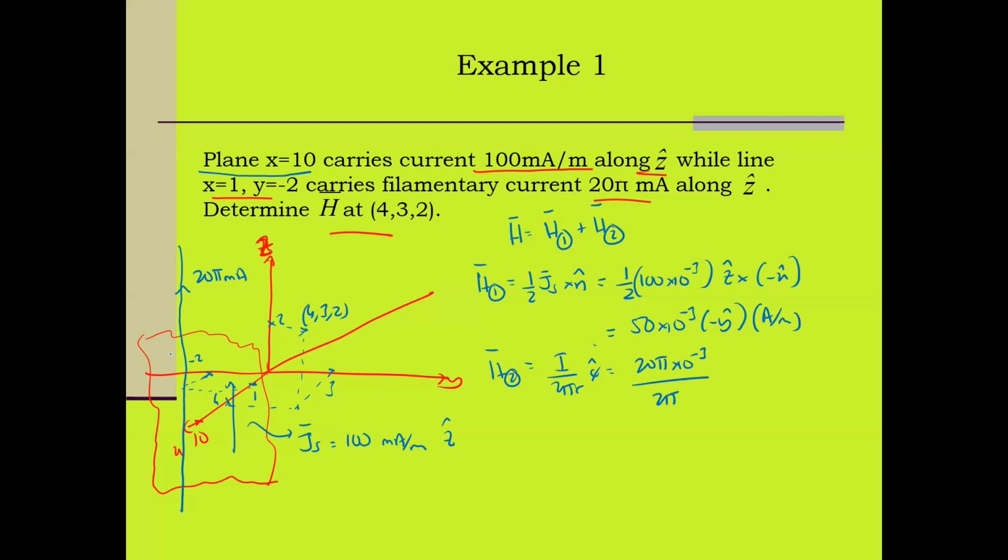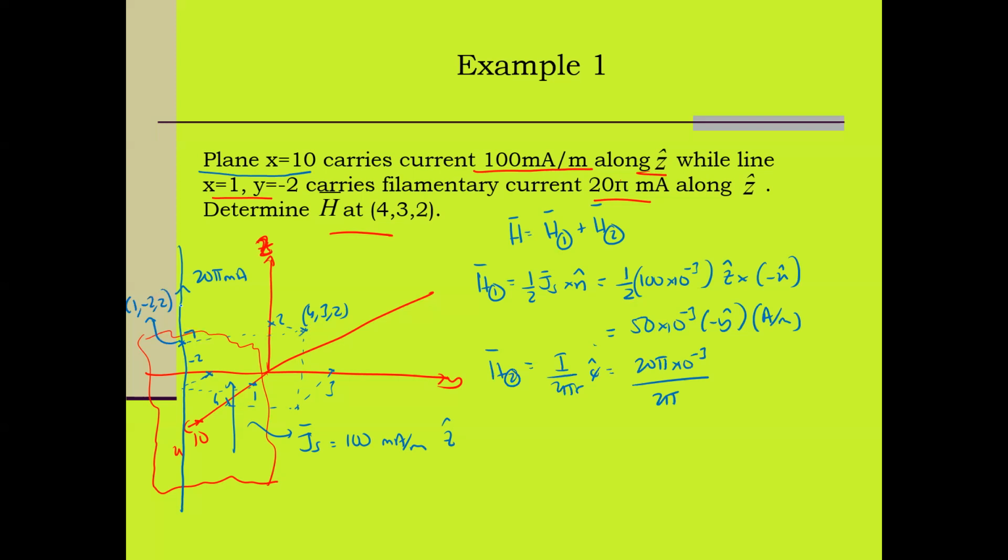The R should be in this configuration, whereby the point on the filament current that makes a perpendicular distance to the point (4, 3, 2) should be the point (1, -2, 2).